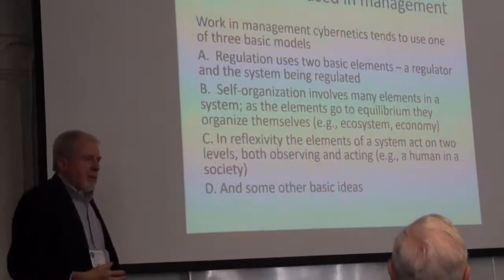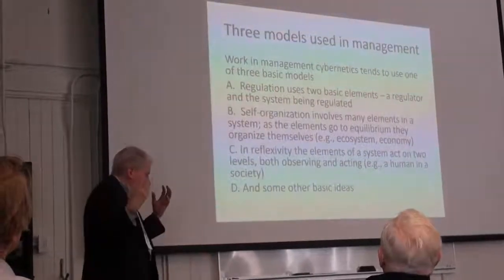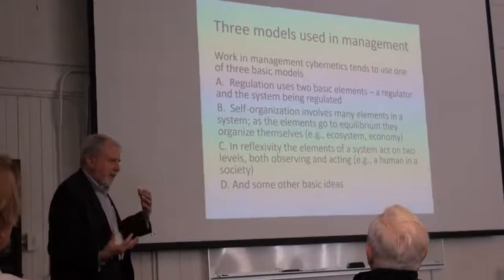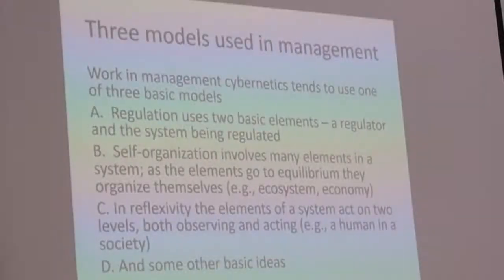There are basically three models used in management: regulation, self-organization, and reflexivity. Regulation uses two basic elements: the regulator and the system being regulated. Self-organization uses many elements. Think of an ecosystem or an economy. Reflexivity consists of many elements that operate at two levels.